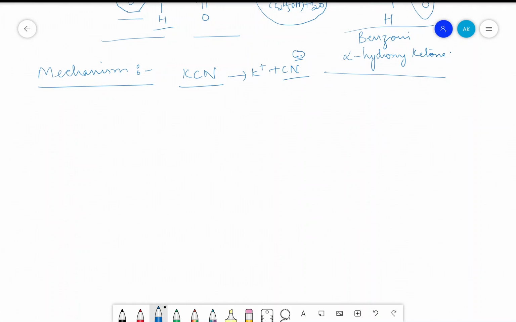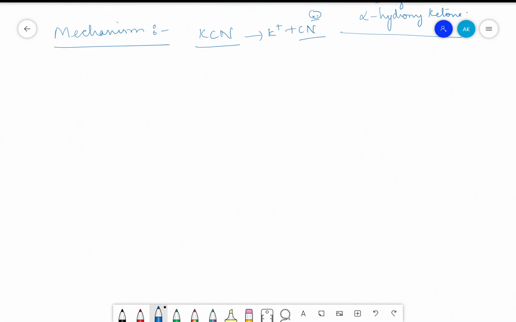So the first thing is we are going to write 1 mole of benzaldehyde. In some notes, for instance in my notes, instead of benzene ring I have written C6H5. We can also write benzene ring instead of C6H5.